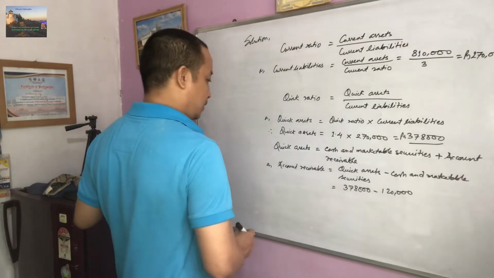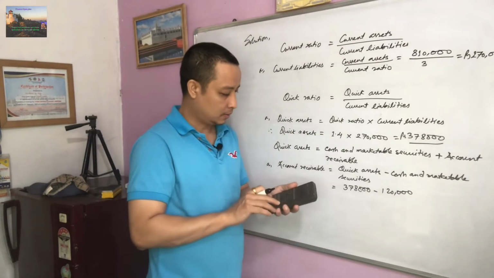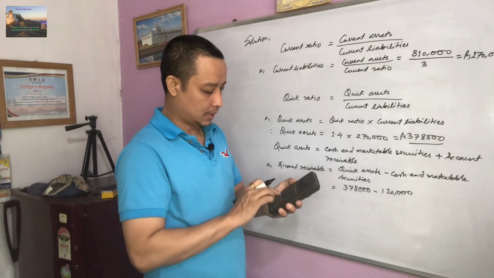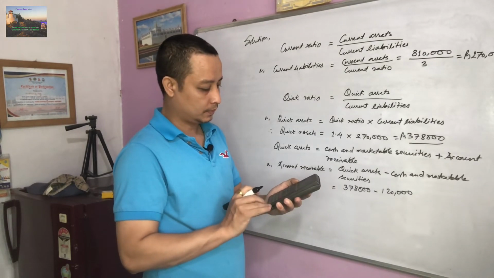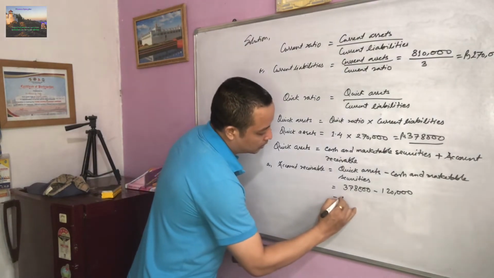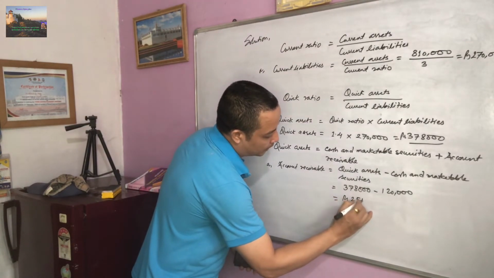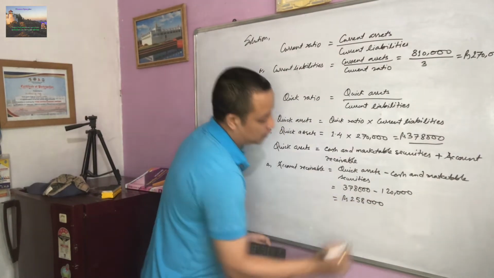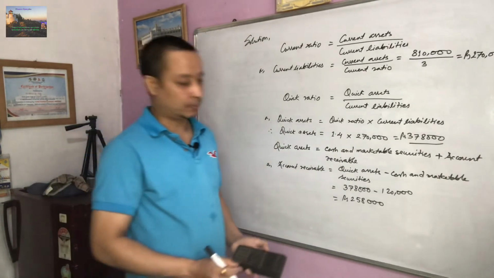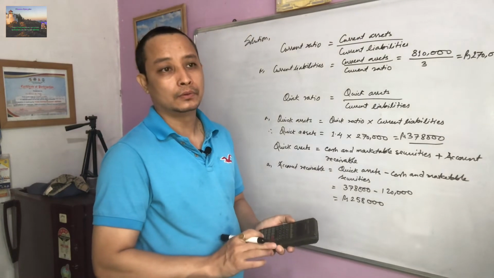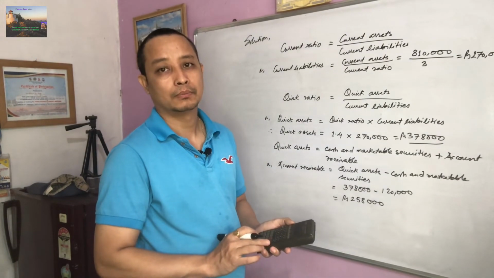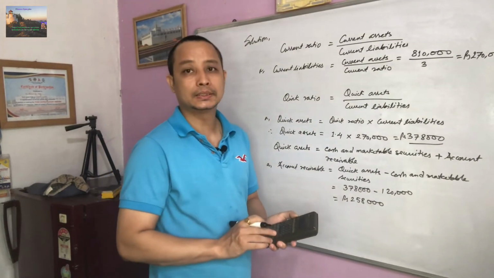Now you can get the account receivable, 3,78,000 minus 1,20,000. Your amount is rupees 2,58,000. This is your account receivable. Now you can find the value of annual sales by using days sales outstanding.